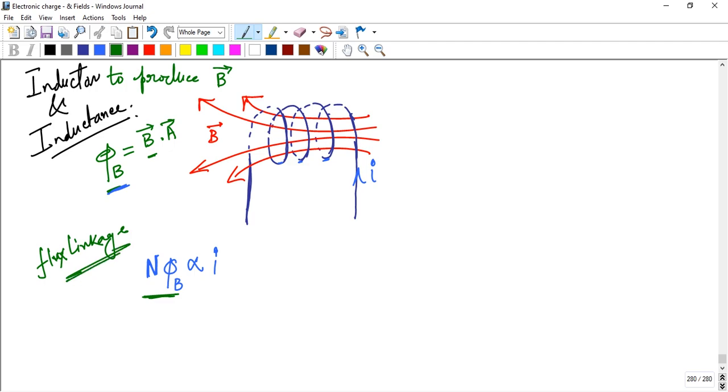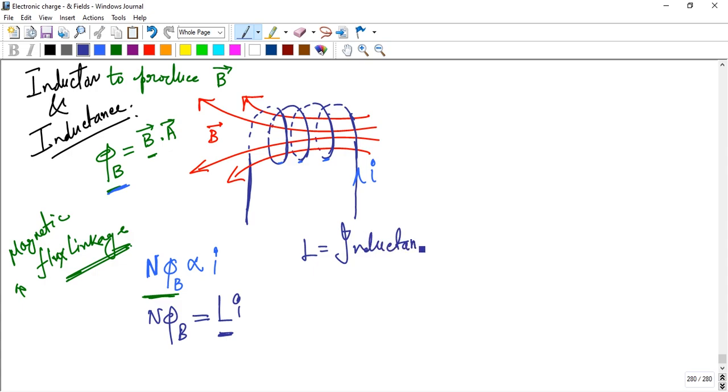Flux linkage means the magnetic flux linkage, N phi B, is directly proportional to I. Now if we remove the proportionality, suppose we put a constant L times I, and this constant L is called inductance.